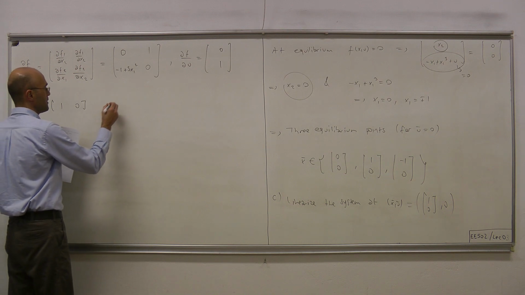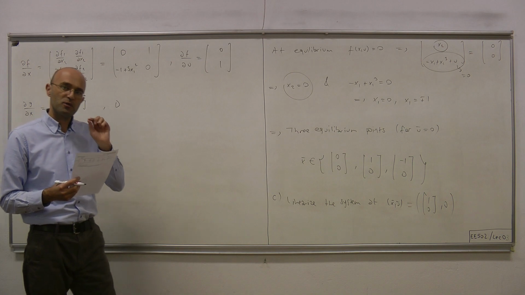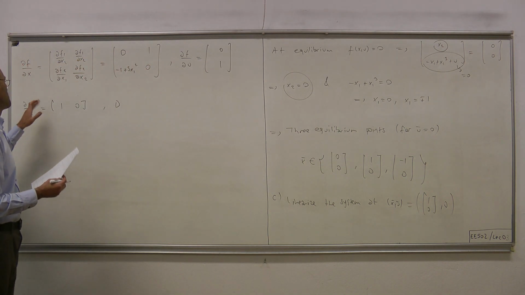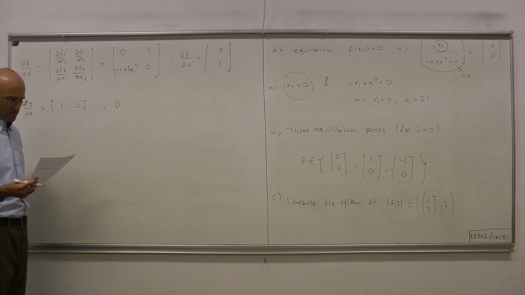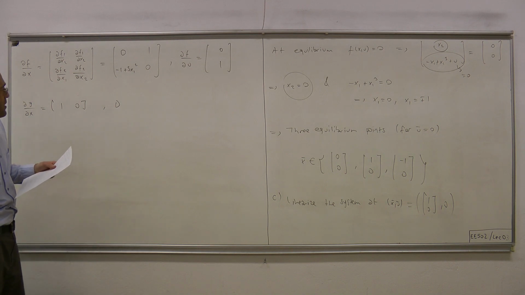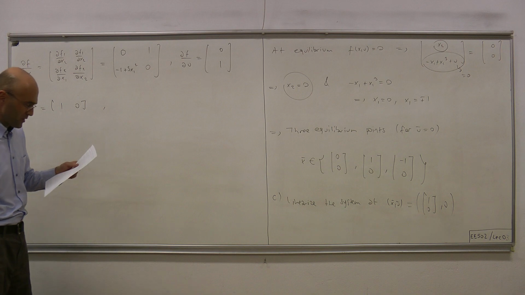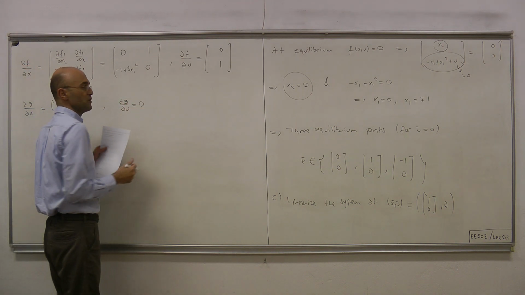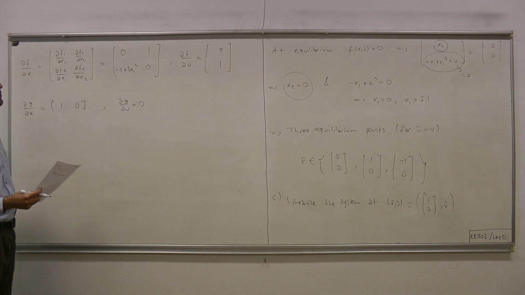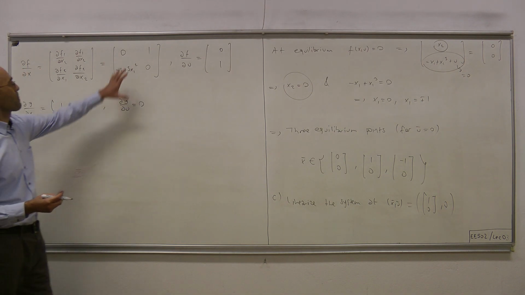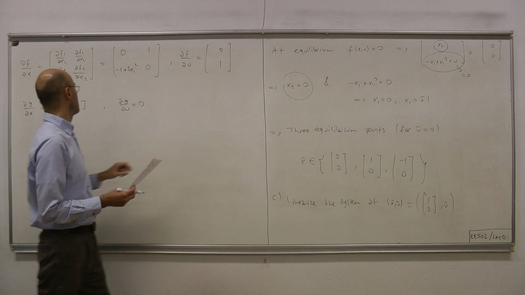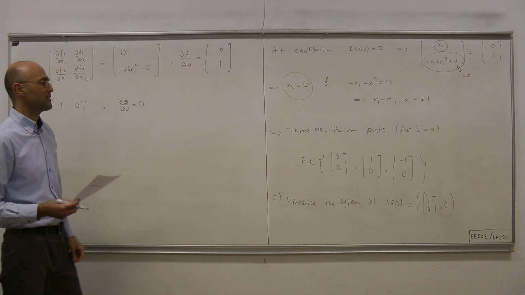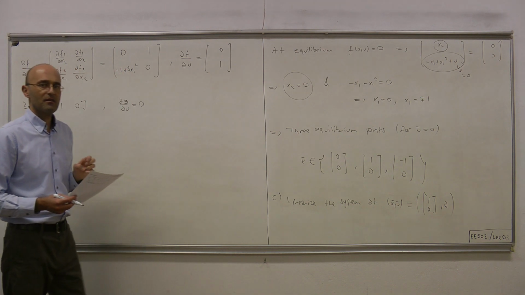And finally, since the output does not explicitly depend on the input, because y equals g equals x1, the partial derivative of g with respect to u is 0. This will be our D matrix. Now this is our A matrix, B matrix, C matrix, and D matrix, evaluated at the equilibrium point.